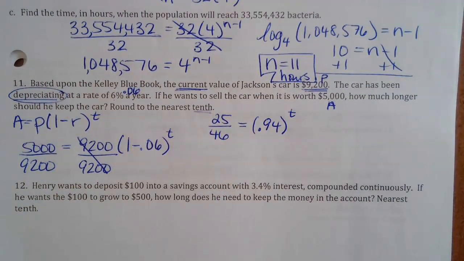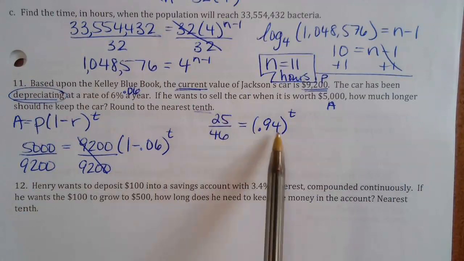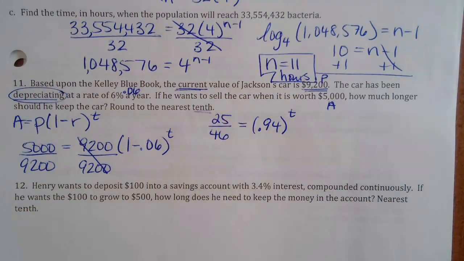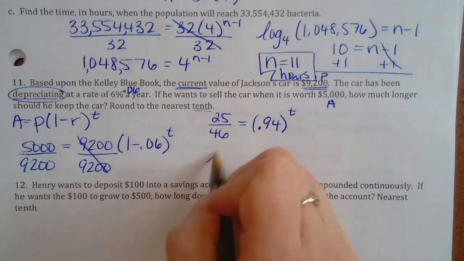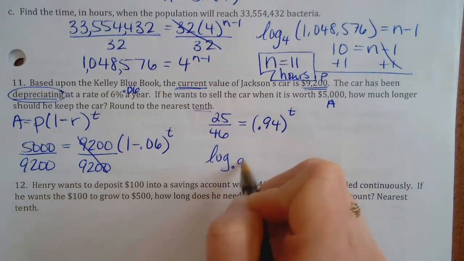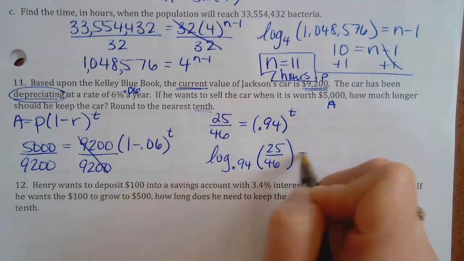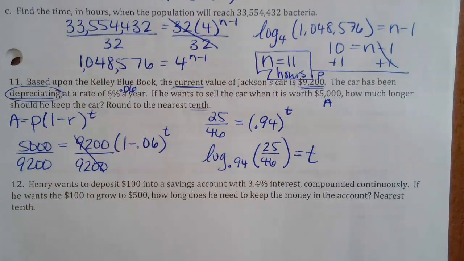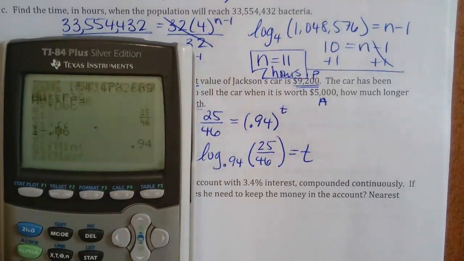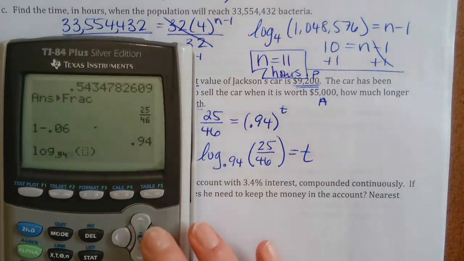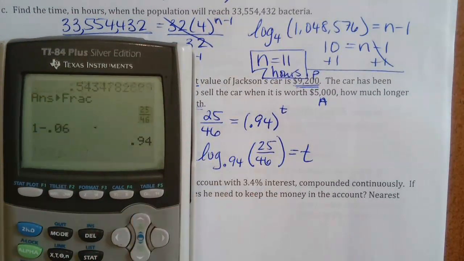I am not going to sit here and try and figure out how to rewrite this as a 0.94 and get common bases and drop the base. I'm just going to straight up use logs. Log base 0.94 of the answer equals the power. So log base 0.94 of the answer.